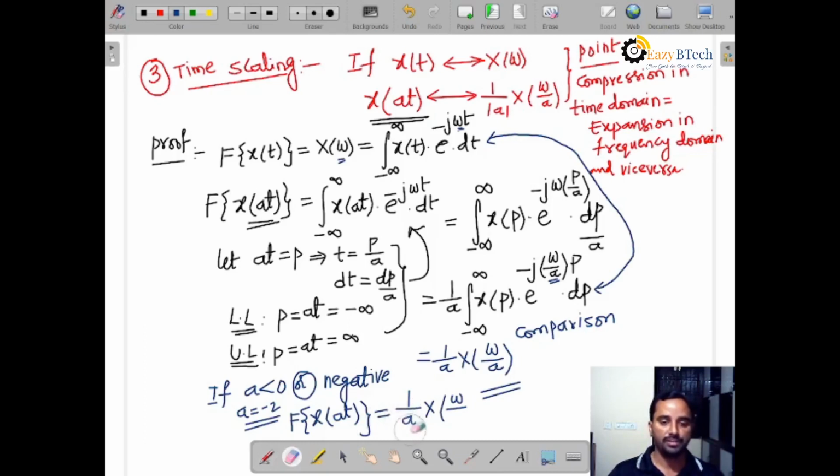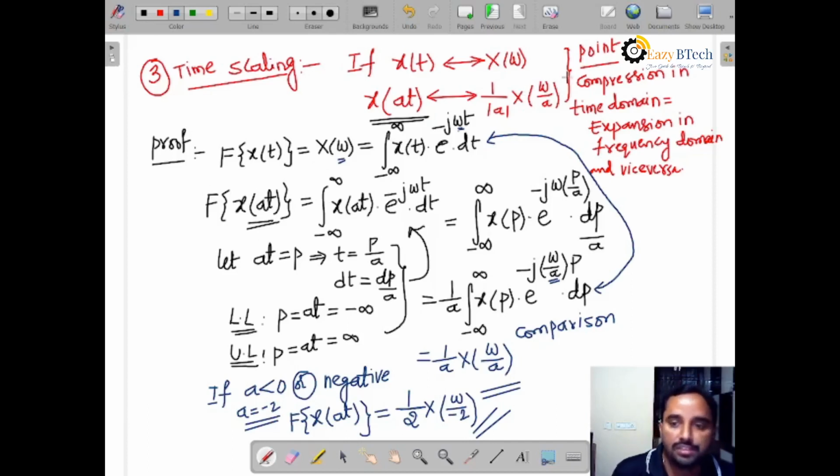So I am writing 1 by 2, right? x of omega by minus 2, or minus x of minus omega by 2. So this is the way we have, okay, right?